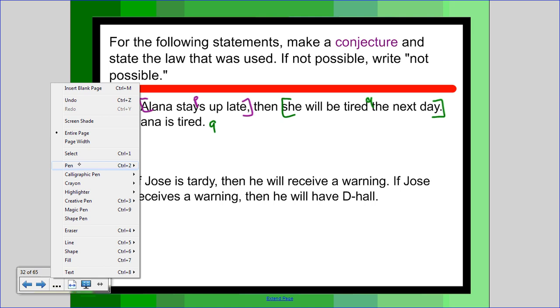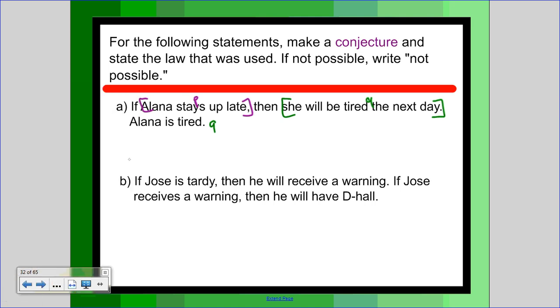So on this example, it is not possible to write a conclusion. Alana could be tired because she simply didn't eat breakfast, or took some medicine that made her drowsy. There could be a number of reasons why she's tired, and it may not have anything to do with her staying up late. So we cannot create a valid conclusion based off of the information we're given. It's just not enough.